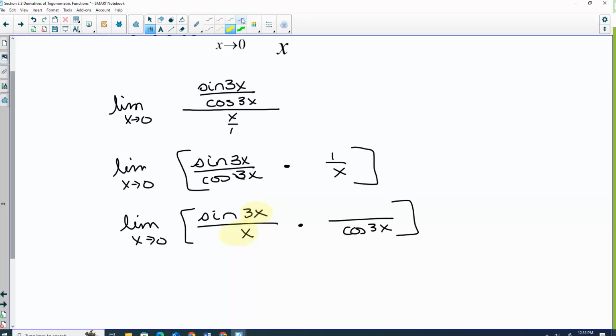If I put a 3 on the bottom, we need a 3 on the top, so they would cancel. Then, properties of limits, sine 3x over 3x is going to go to 1 times 3 over, if I plug in a 0, what's the cosine of 0? 1. So 1 times 3.